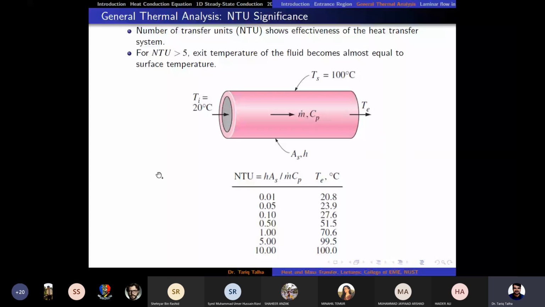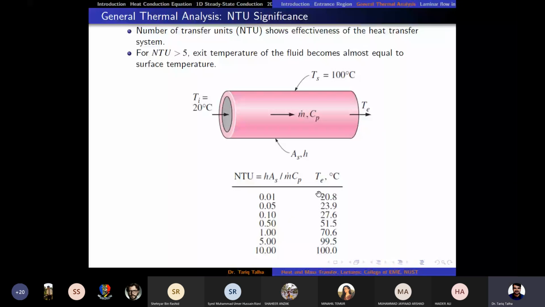So it means that we can increase the NTU value. Now how can NTU value increase? Either by increasing the length of the pipe or by decreasing the mass flow rate through it. Then if we increase it to 1, you can suddenly see that when NTU is increased from 0.01 to 1, the temperature jumped by 50 degrees.